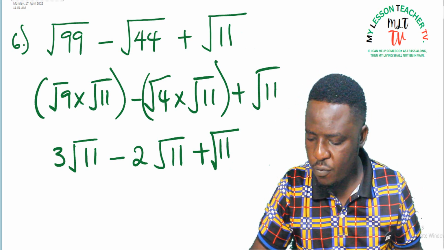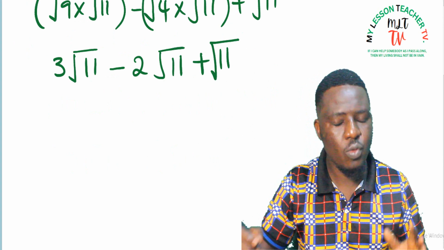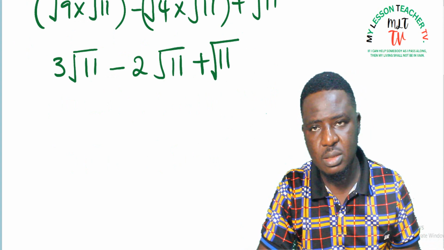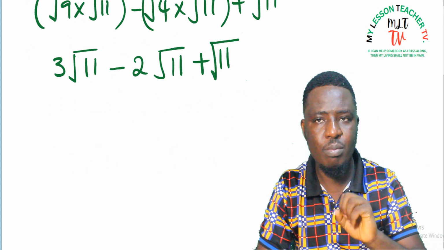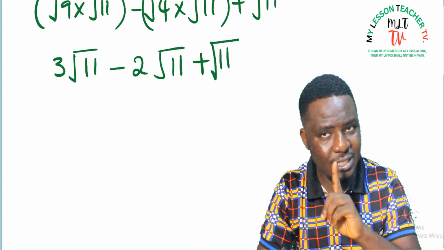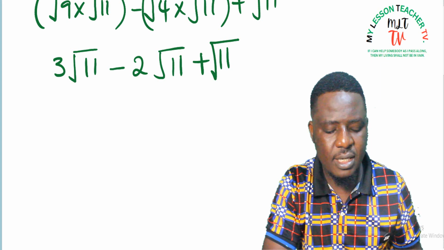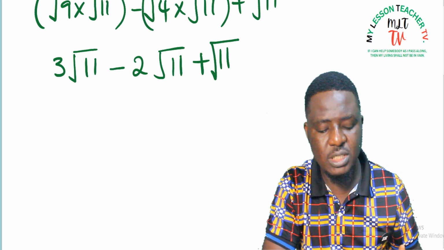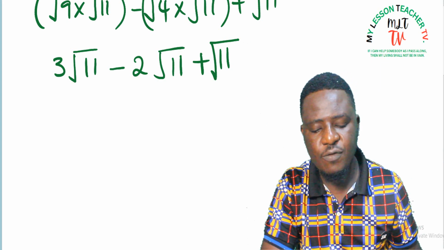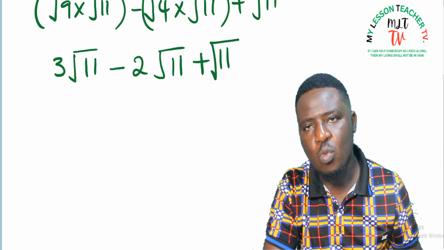Now, in order not to confuse you, we can still obey BODMAS, okay, by first of all doing the operations of addition before subtraction. Please note, the sign for 3 root 11 is positive. So this is positive 3 root 11, negative 2 root 11, plus 1 root 11.